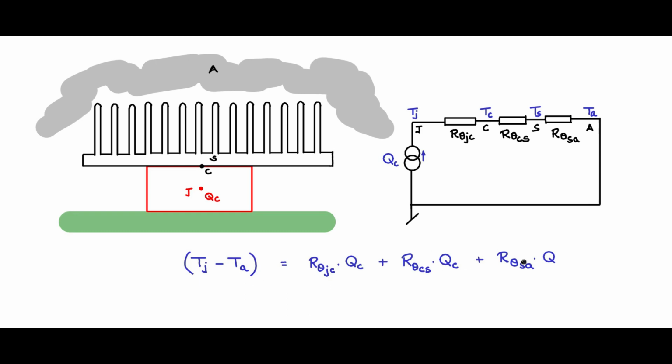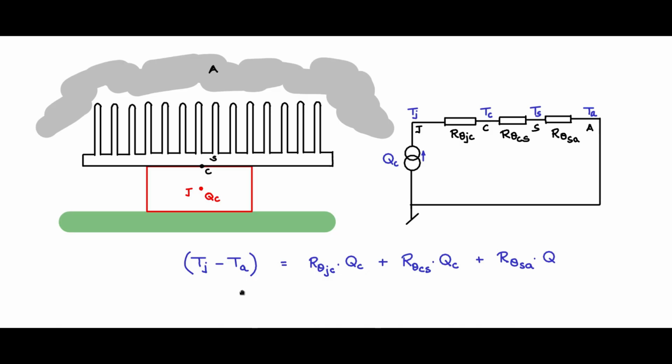So this is our equation. Each is a thermal drop. This would represent Tj minus Tc. This would represent Tc minus Ts. This would represent Ts minus Ta.